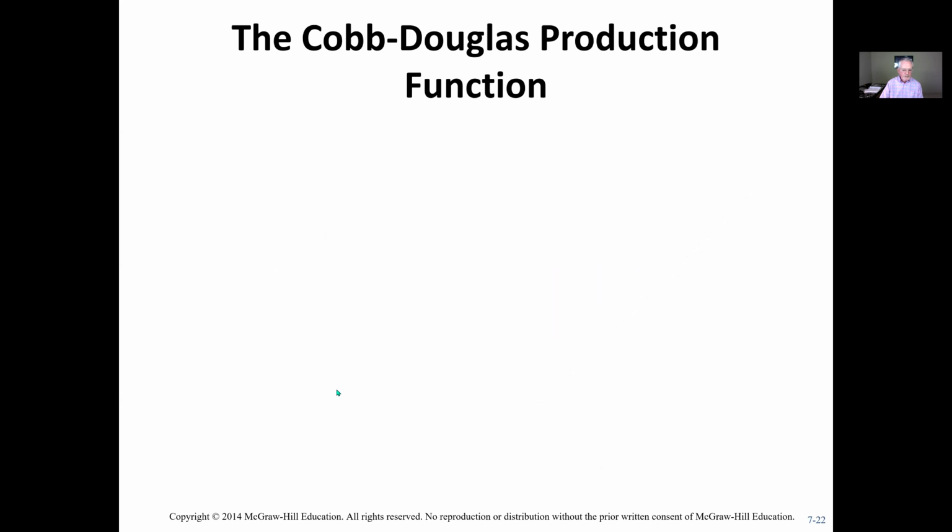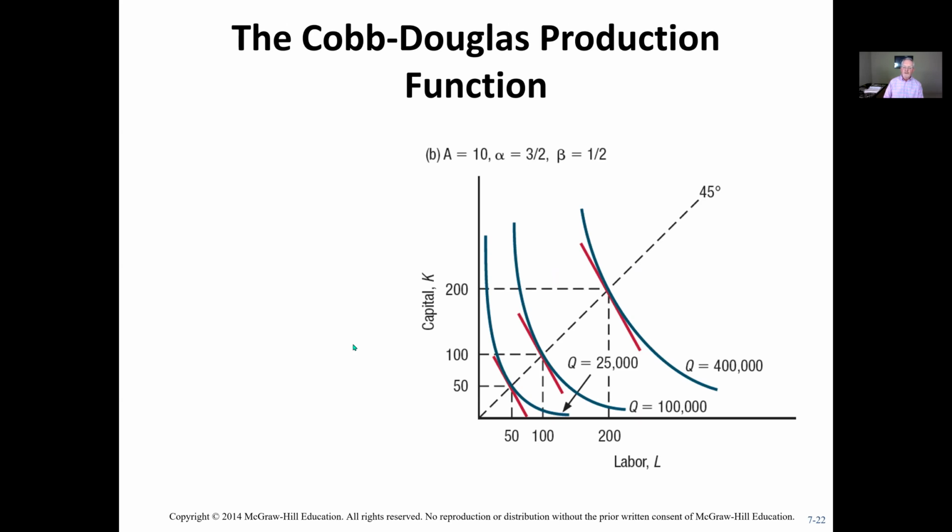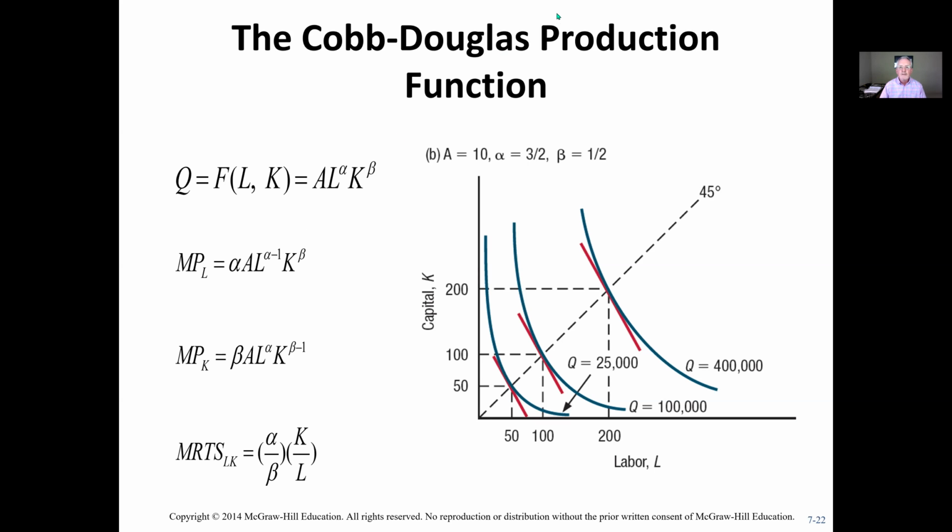And lastly, we have something very similar to the one that we've been using all along. This is the so-called Cobb-Douglas production function. Let me show you what a Cobb-Douglas function looks like. Let me go back to my whiteboard.